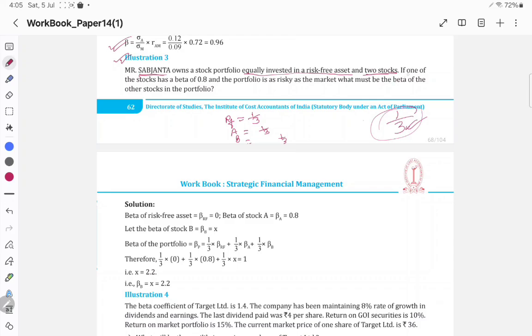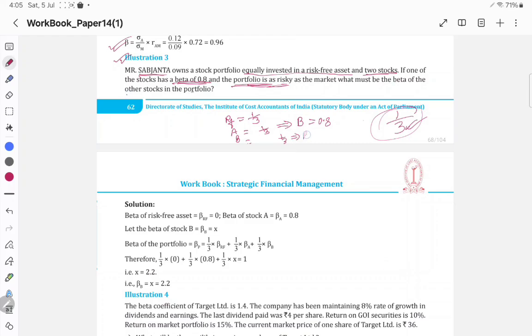Now proceeding with the question: suppose stock A has a beta of 0.8, and the portfolio is as risky as the market. What must be the beta of the other stock in the portfolio?